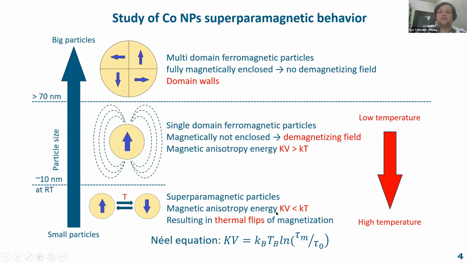So this could result in thermal flips of magnetization during the time of experiment. And if the thermal flips of magnetization happen frequently enough, the NMR signal from such particles is completely lost from the spectrum. Such particles are called superparamagnetic.